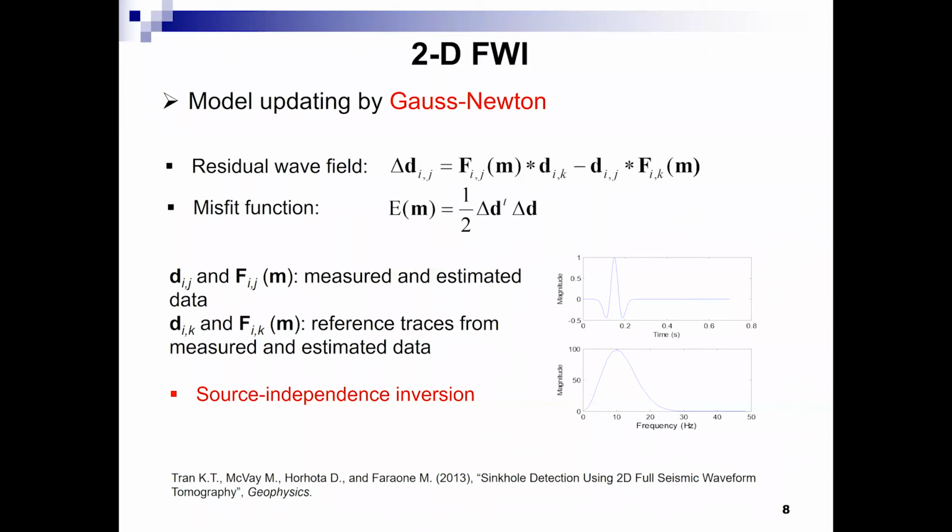So we compare apples to apples here without knowing the source signature. By doing that, we get the entire synthetic wave field convolved with one channel of the measured data, and the entire wave field of the measured data convolved with one channel from the simulated data. So the inversion becomes independent of the source signature.